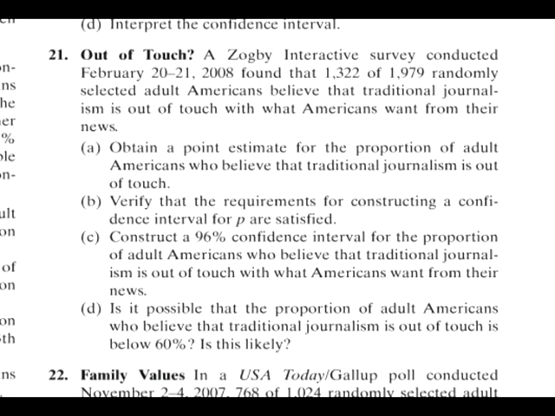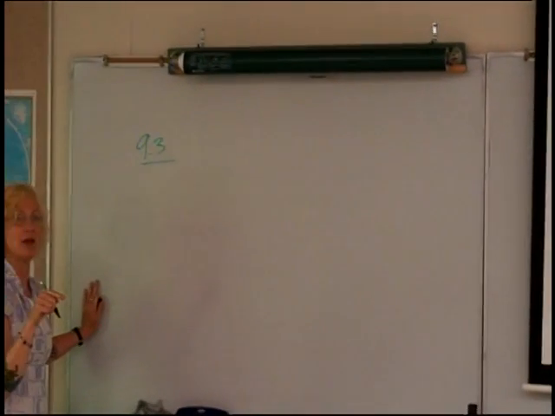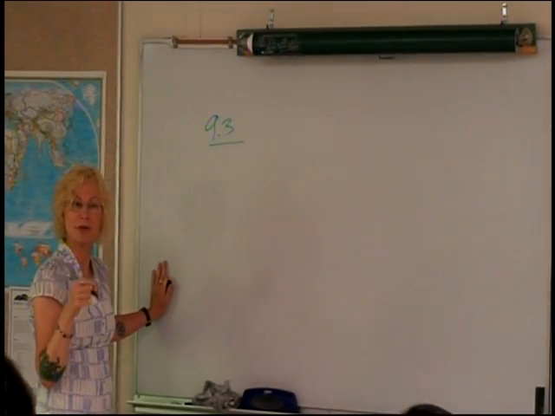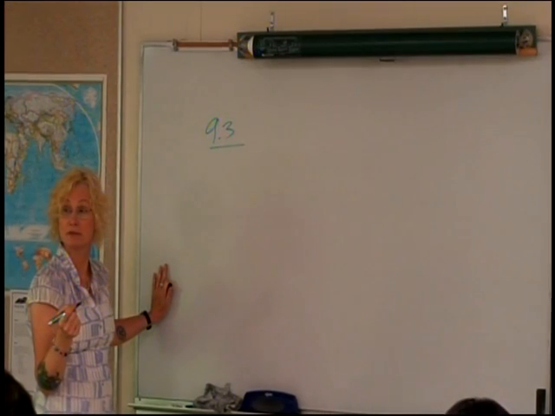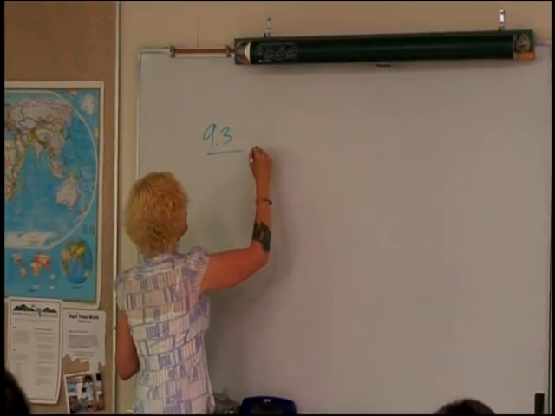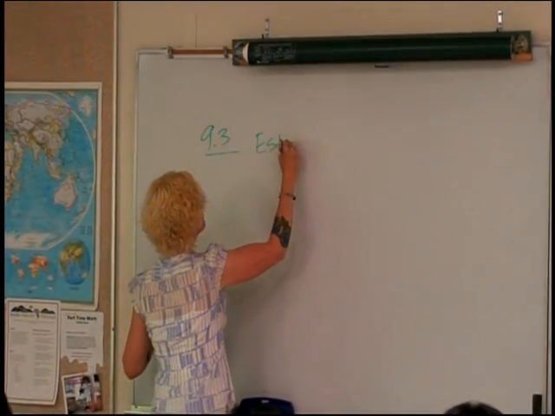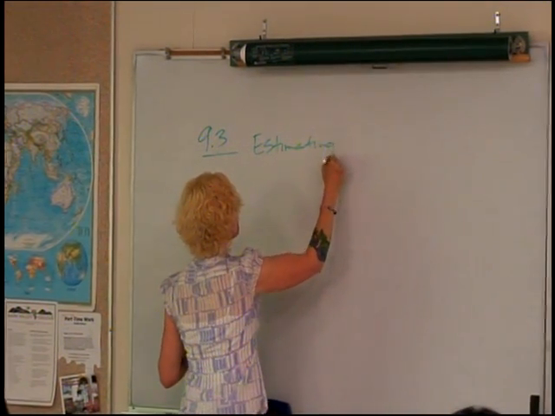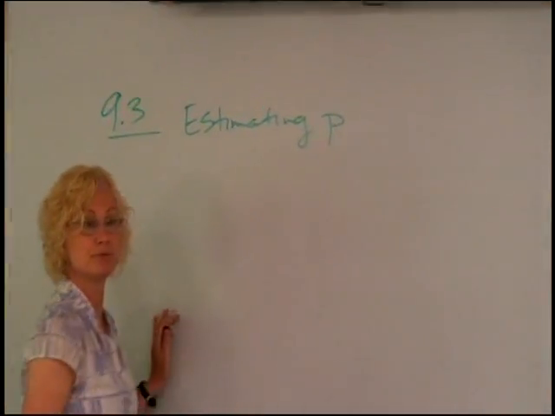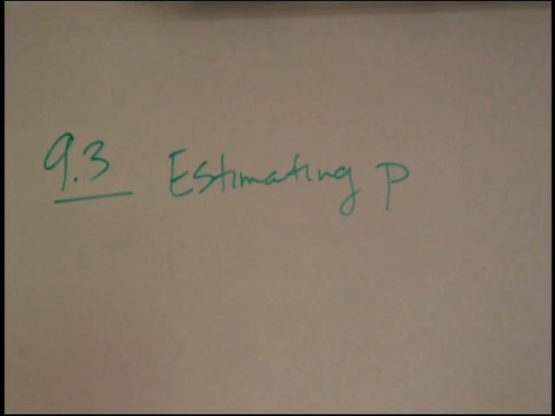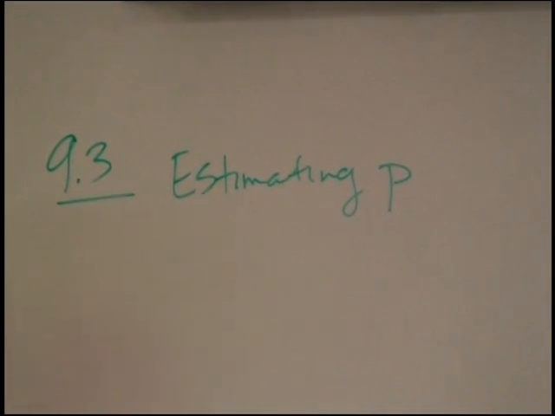They all follow the same kind of method and criteria. This follows 8.2, where we talked about the distribution of p hat. So we're estimating P: population proportion, percentage, or probability.